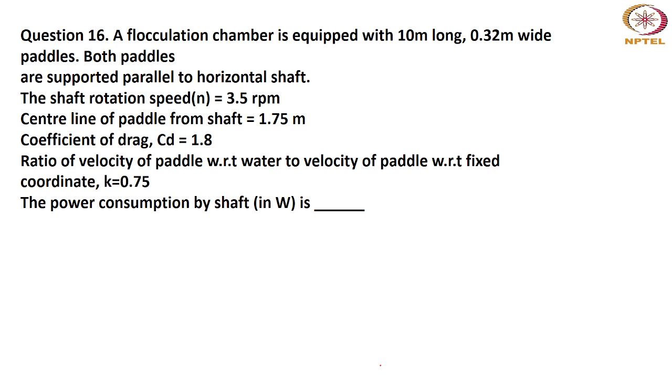The ratio of the velocity of the paddle with respect to water to the velocity of the paddle, that is the k value, is given as 0.75. You have to calculate the power consumption by the shaft in watt. A similar question I solved today, a little bit different but almost similar.